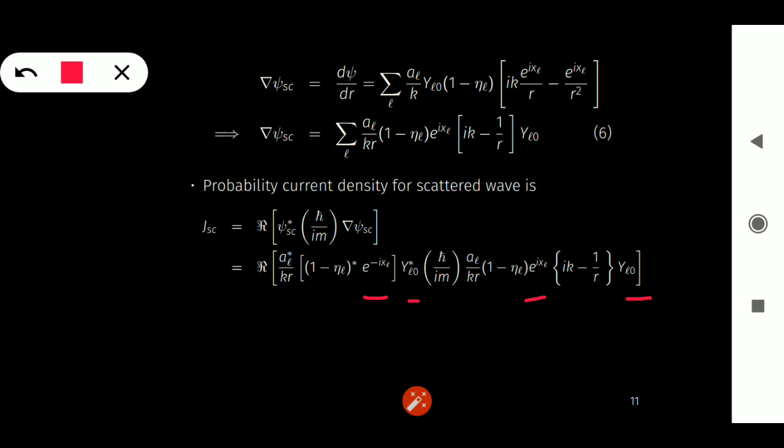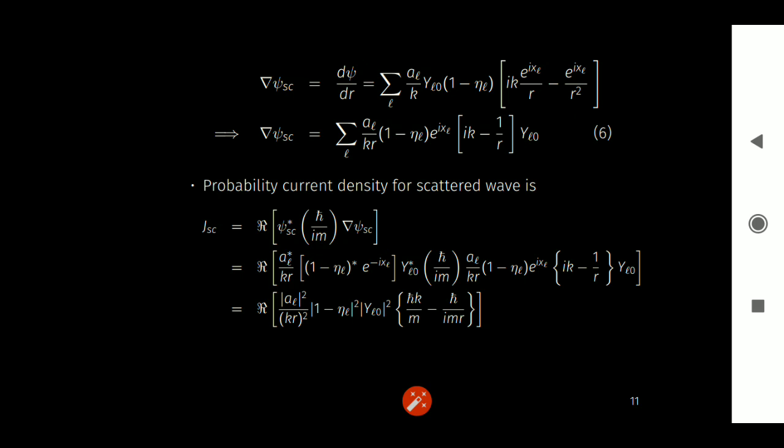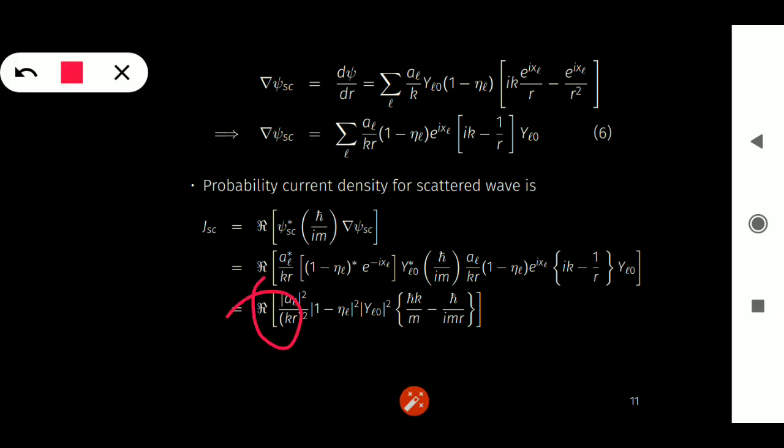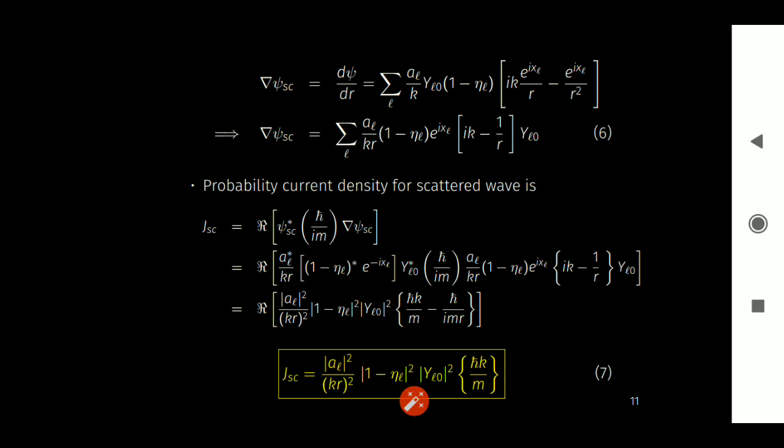Similarly, A_l star and A_l give the modulus of A_l squared. Simplifying, J scatter equals that expression, and we only need its real part. Taking the real part, we get modulus of A_l squared divided by (kr) squared times modulus of (1 minus η_l) squared times modulus squared of Y_l0 times ħk by m.